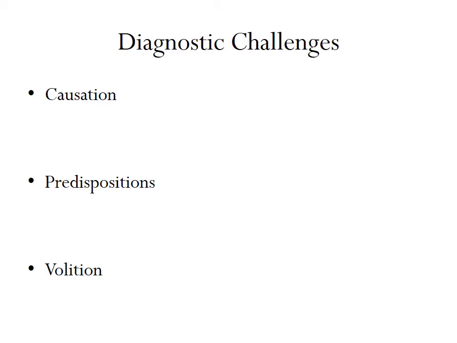And then finally we look at volition. This deals with the willingness or free will of the client. Is the client experiencing signs and symptoms that are within their will? In other words, could they stop? Could they change if they wanted to?